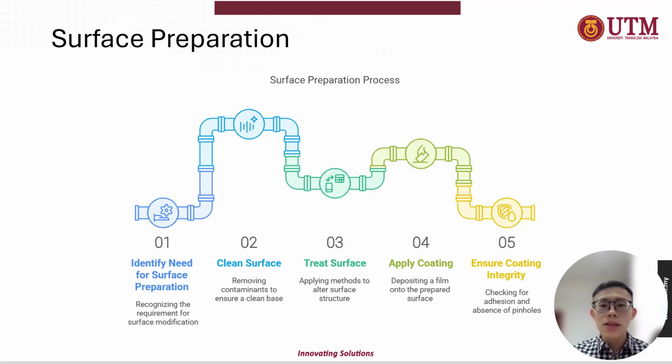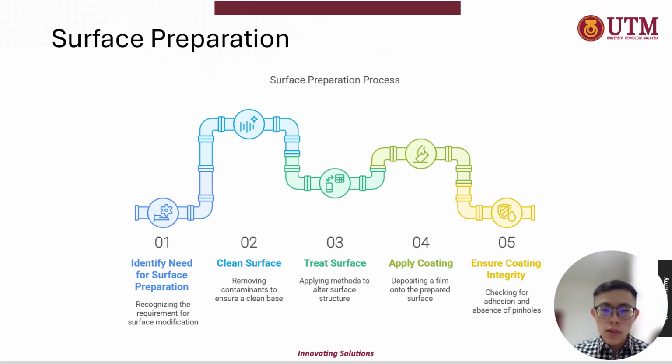So we look into the next portion on the surface preparation. If we look into surface preparation, we can see that there are 5 portions. The first one is that we need to identify the need for surface preparation, so we need to see what kind of surface preparation and what kind of coating we are looking for. Then the next one, we need a clean surface by removing the contaminant to ensure a clean substrate surface.